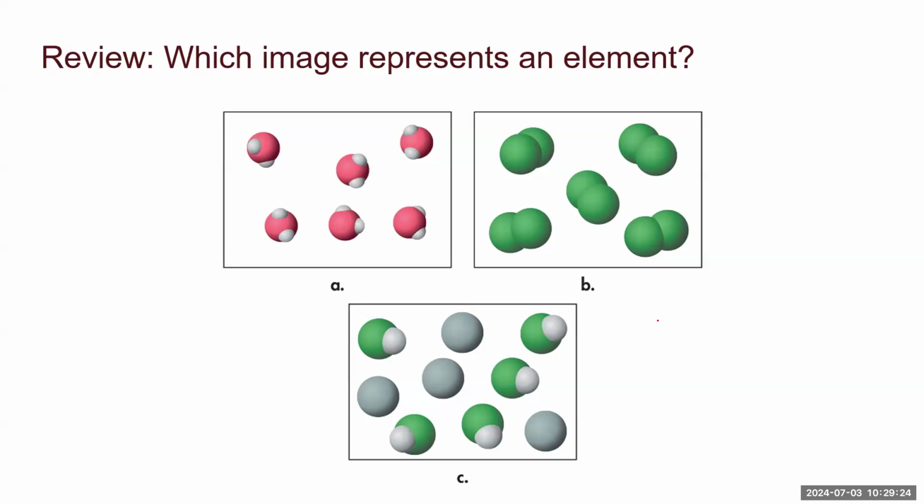Well, that's an interesting proposition because it's something made up of 2 things, but those 2 things are identical. And then let's go down to option C. Here we've got a mixture of green and, I guess, white, and then individual grays floating around. Well, which one of these is your best option for an element?